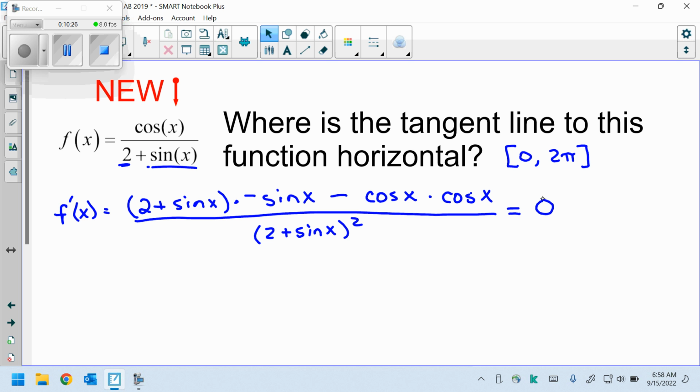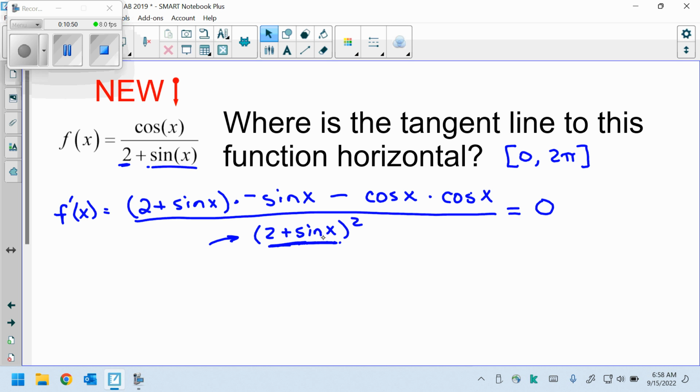Well, all right, now, any fraction is equal to 0 when the top is equal to 0. The bottom here will never be equal to 0. Sine at the smallest is -1. So, yeah, this down here will always have a value. But I want that numerator to be 0.